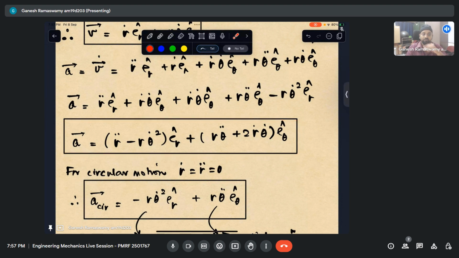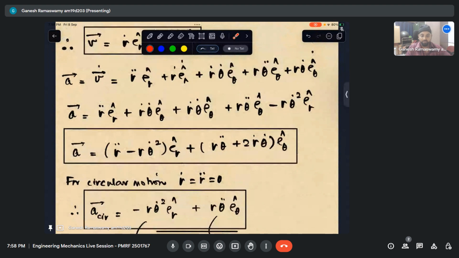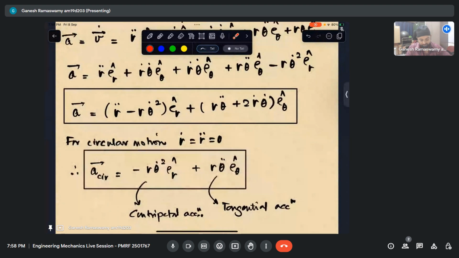Now if we consider one of the points to be on the rigid body and we look at some other point on the rigid body, then the radial distance between those 2 points remains the same, in which case r dot and r double dot become 0 by virtue of that being a rigid body. In that case, it is a special case of our circular motion only. So rigid body kinematics.